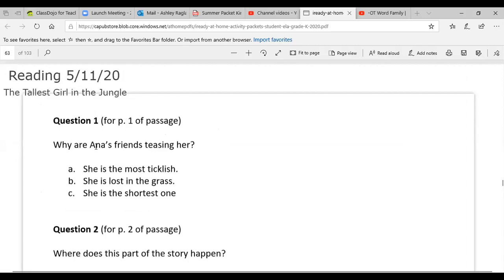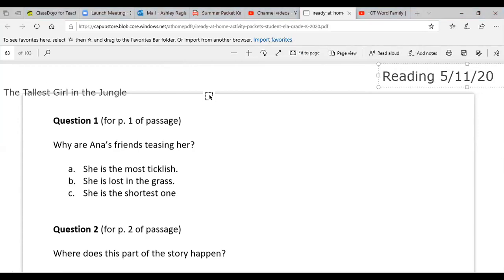So for number 1, why are Anna's friends teasing her? A, she is the most ticklish. B, she is lost in the grass. Or C, she is the shortest one. Go ahead and put which one you think is correct, A, B, or C. And pause the video if you need more time to think about it, but I think you know the answer.